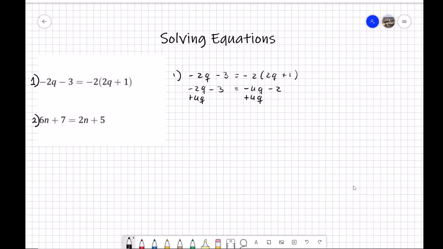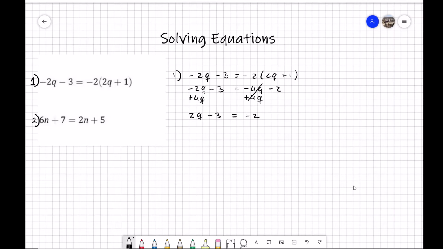All right, so that way this gets canceled out and we end up with positive 2q minus 3, because again here we have positive 4 minus 2, that becomes positive 2, right? Okay, so we have 2q minus 3, and that's going to be equal to, this got cancelled out, so we are only left with negative 2.